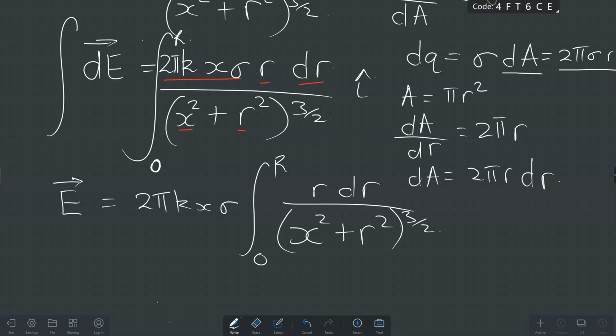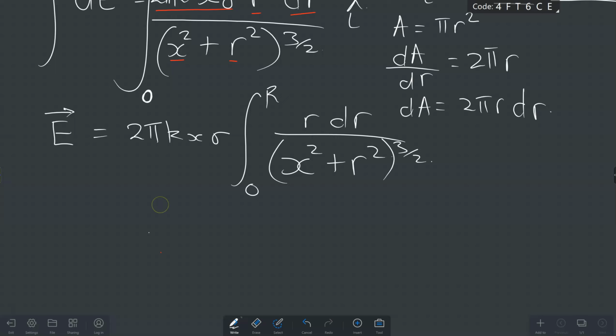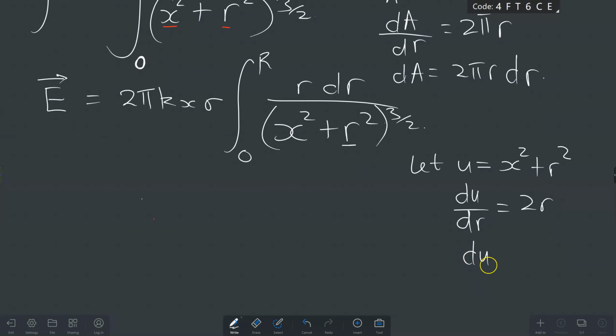So now we're going to use integration by u substitution. Because we're integrating with respect to r and we have an r inside there, we'll let u equal x squared plus r squared, right? That means du over dr equals 2r. That means du equals 2r dr, right?